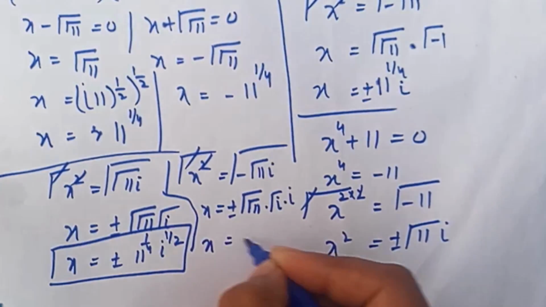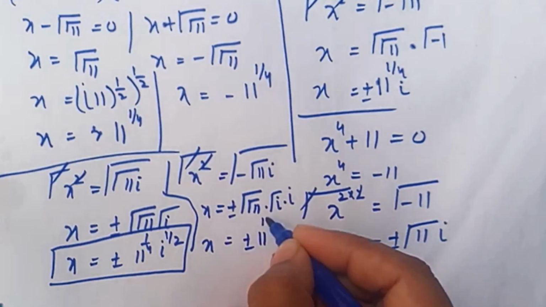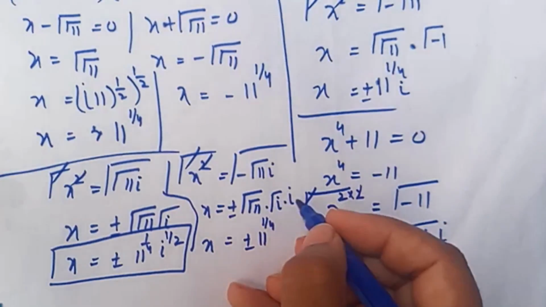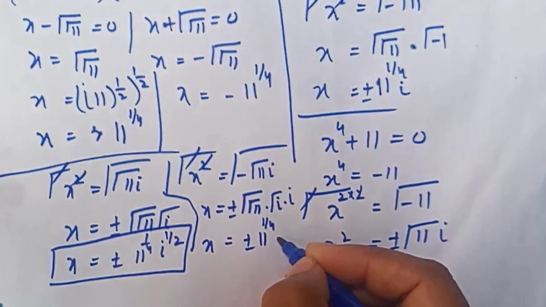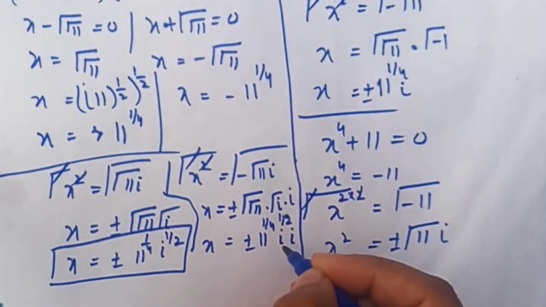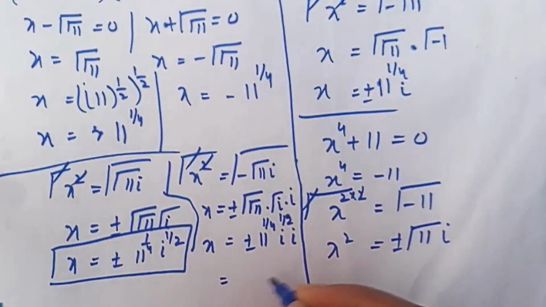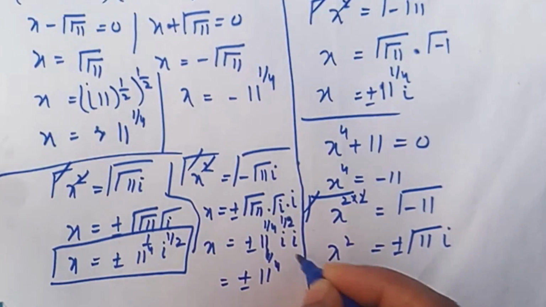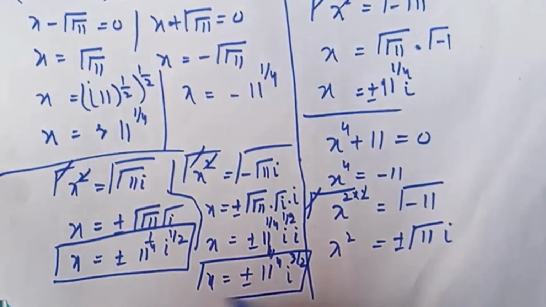So x is equal to plus minus, we write square root 11 iota as 11 raised to the power 1 over 4, and iota, its power is 1 over 2, and this iota its power is 1. So we write this as iota raised to the power 1 over 2 plus 1, this is equal to plus minus 11 raised to the power 1 over 4, and this will become iota raised to the power 3 over 2. We get the 8 answers of x.